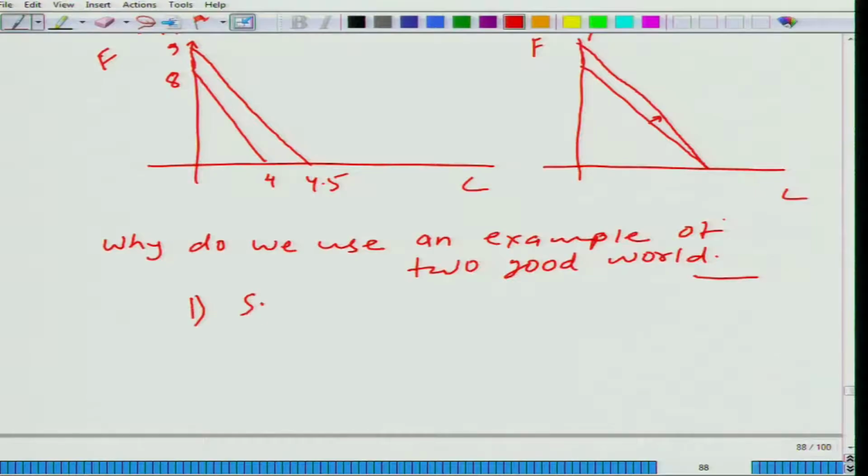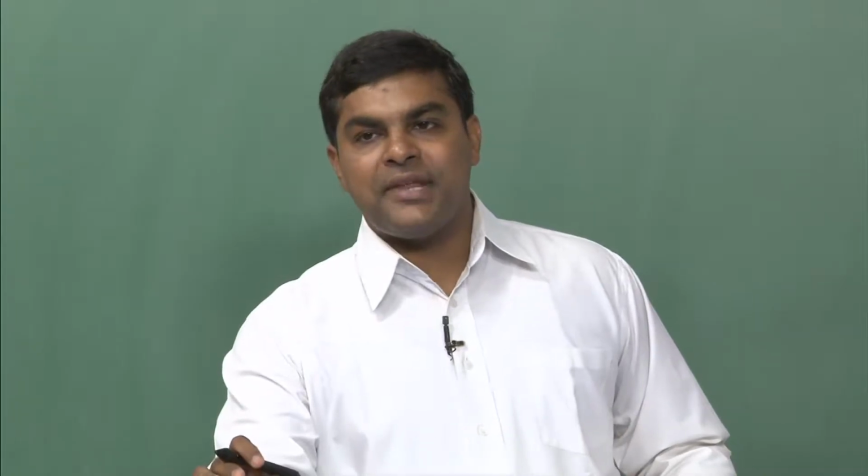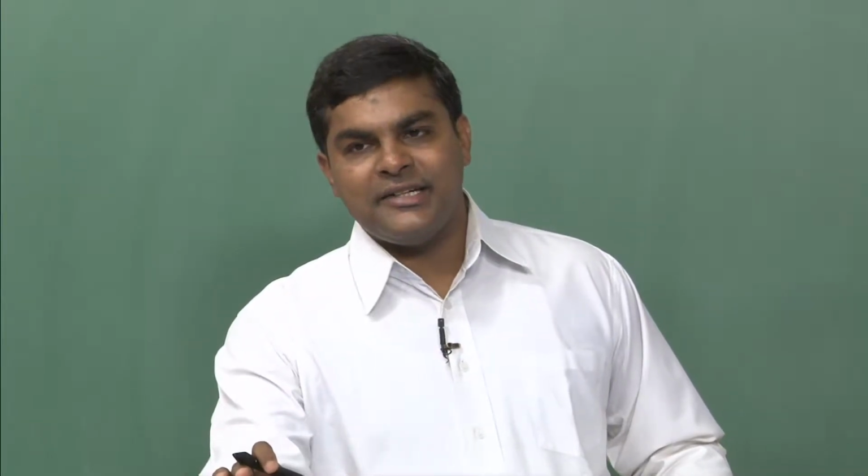It makes life simple, okay. It is easier to deal with a two good world. In two goods you get a 2 dimensional graph, in 3 goods you get a 3 dimensional graph, and in 4 goods you get more than 3 dimensions, which you cannot describe graphically. Up to 3 goods you can describe them graphically, fine. But of course, a 2D diagram is a lot easier than a 3D diagram.